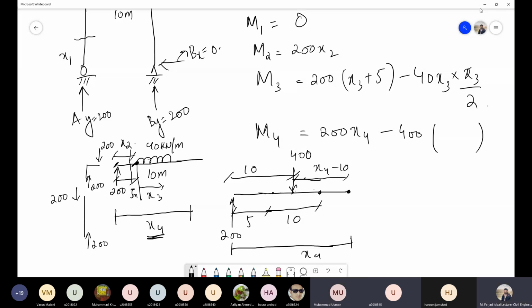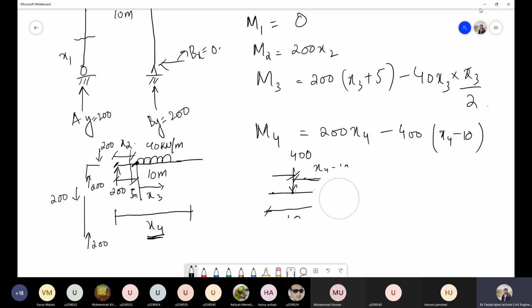Yes, this distance is x4 minus 10. So, any confusion about this one? Try to be real quick about this one, because this is not the main thing that you need to be doing, because these are the things that you already know.